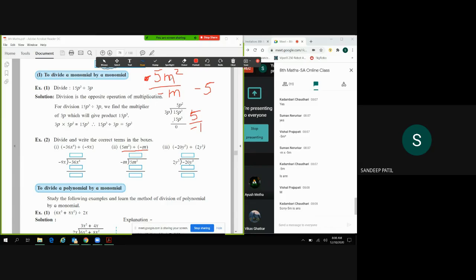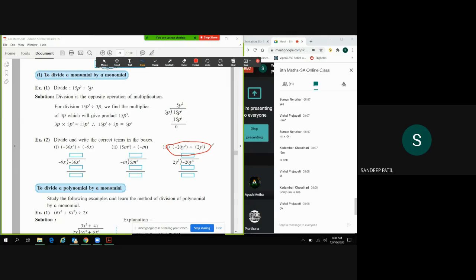Then m square divided by m becomes m. So minus 5m is the answer. So we have to see the constant terms first, carry out the division, then go for the variable. Okay. So you can follow the same steps here and try to get the answer, right?